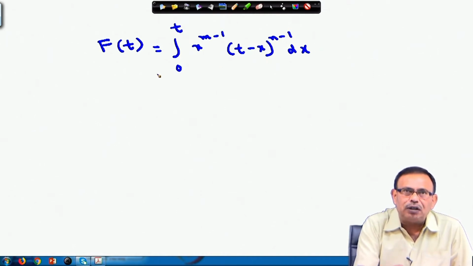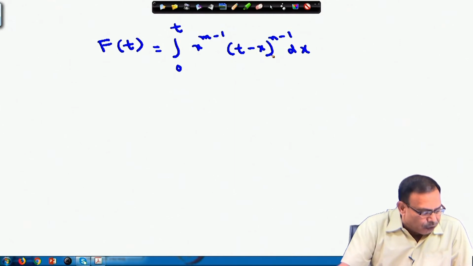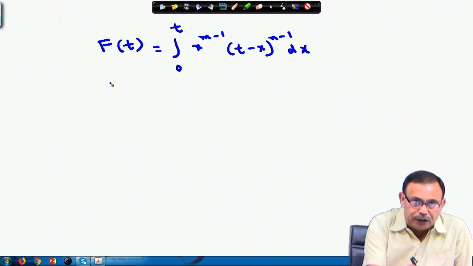So we are starting with a new function, the integral from 0 to t of x to the power m minus 1 into t minus x whole to the power n minus 1 dx, so that afterwards if we put t equals 1, we will obtain the beta function, that is, beta m n equals the integral from 0 to 1 of x to the power m minus 1 into 1 minus x to the power n minus 1 dx.